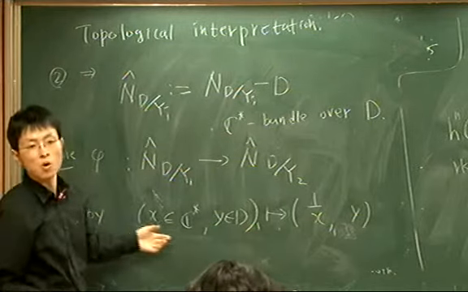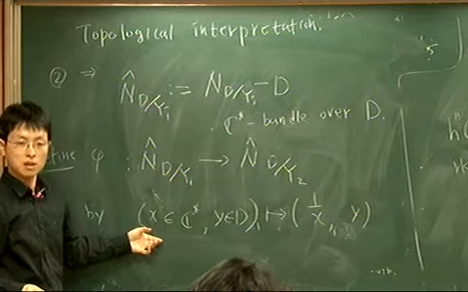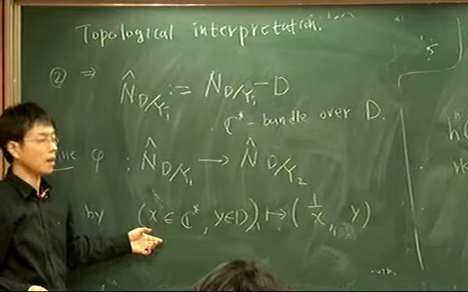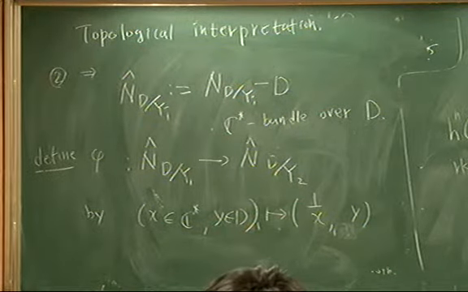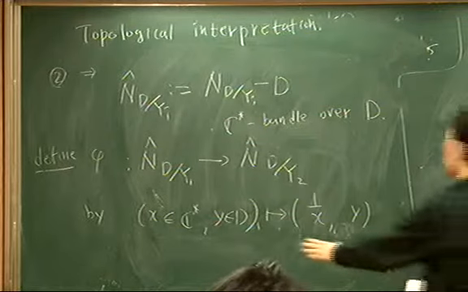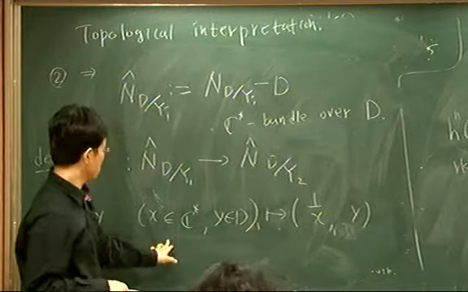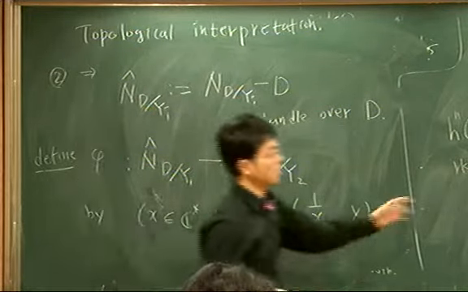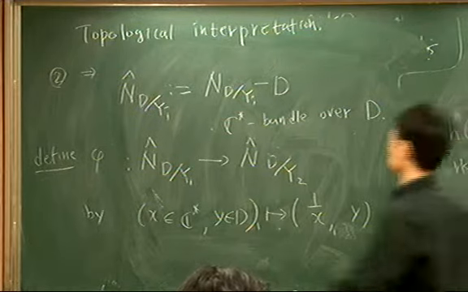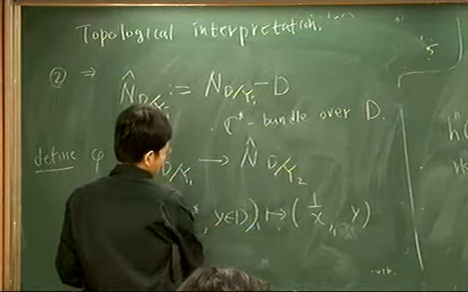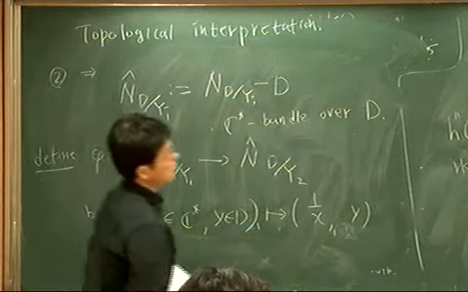So at least locally, you can consider this kind of map. And then this condition actually means that this map is globally well defined. You see, x goes to 1 over x. So the boundary is kind of negative to each other. So that means this map is well defined, so you can make a global map with this property.